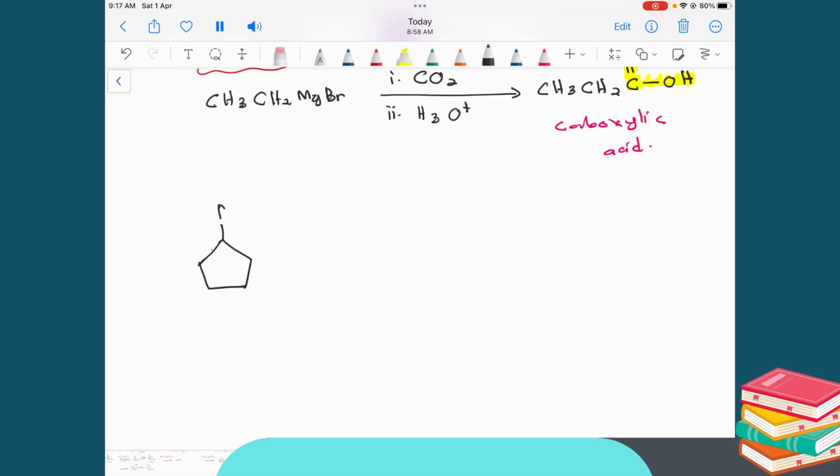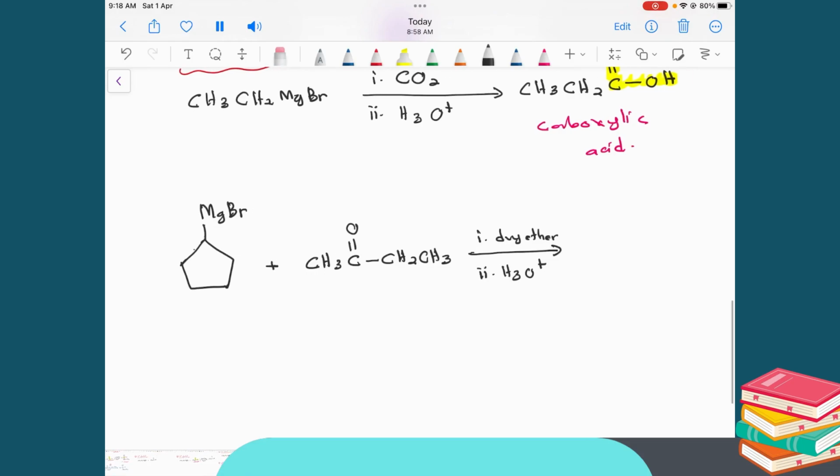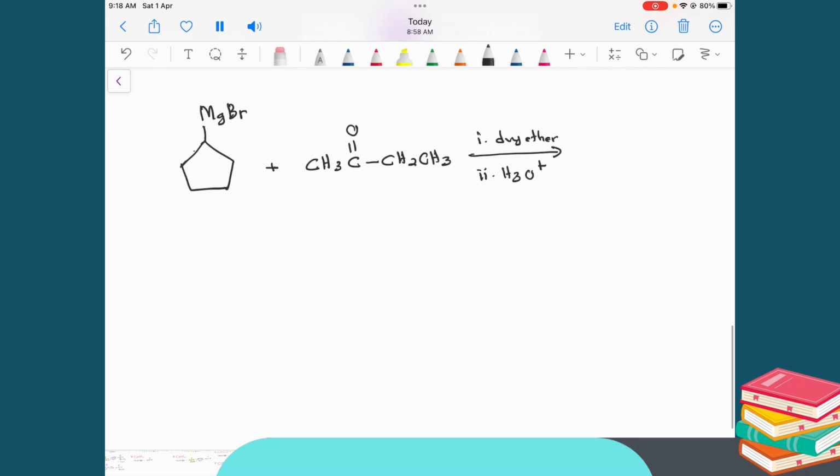Let's say we have this compound. This is a Grignard because it contains magnesium and bromine, and it undergoes reaction with a ketone, because C double bond O has carbon and carbon as neighboring atoms.